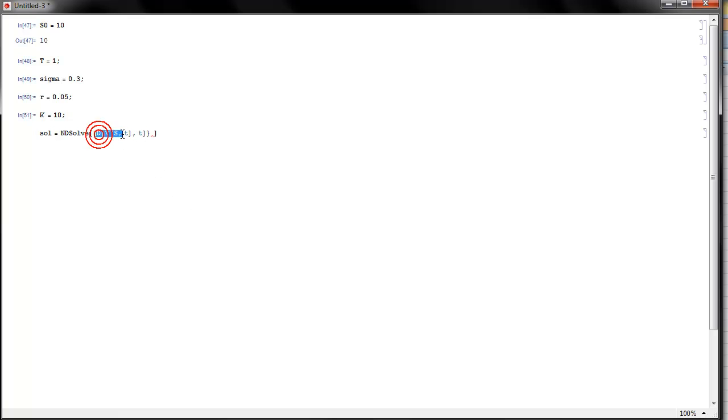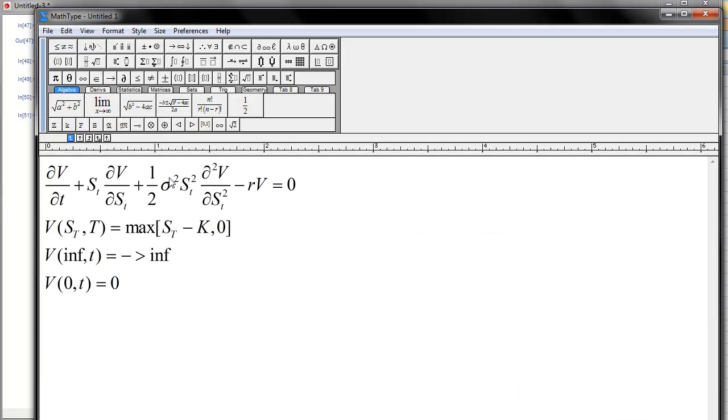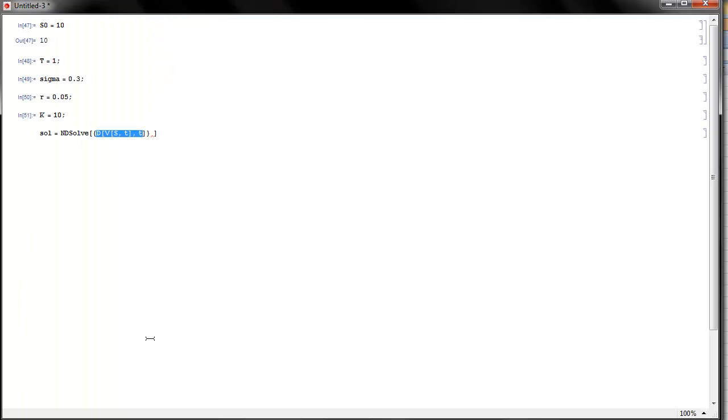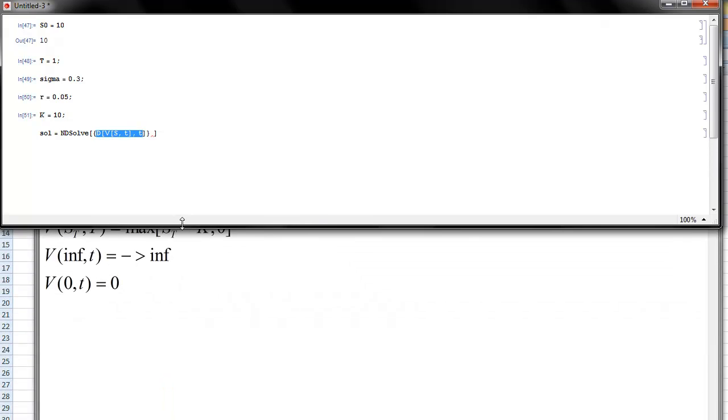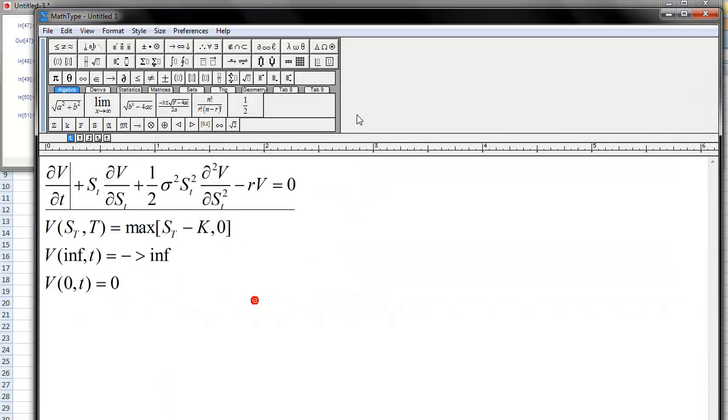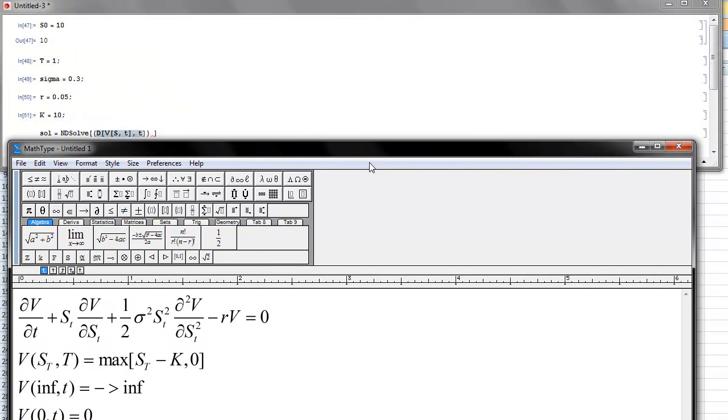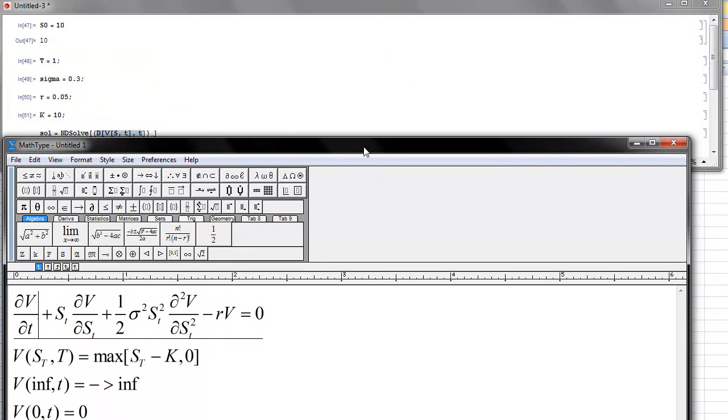Well, what this basically means is that this is the partial of V with respect to t. Okay, D means differentiate, and differentiate V with respect to t. Okay, so I have written basically the first term, this one. Maybe I'll do it like that, so that you can see it.